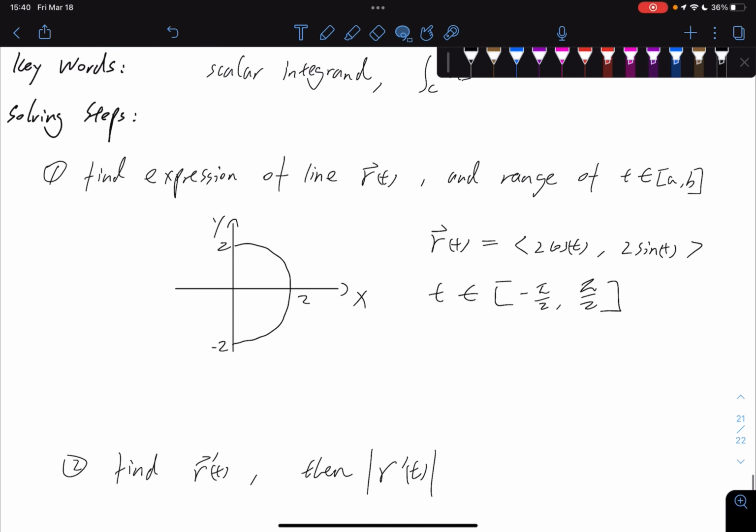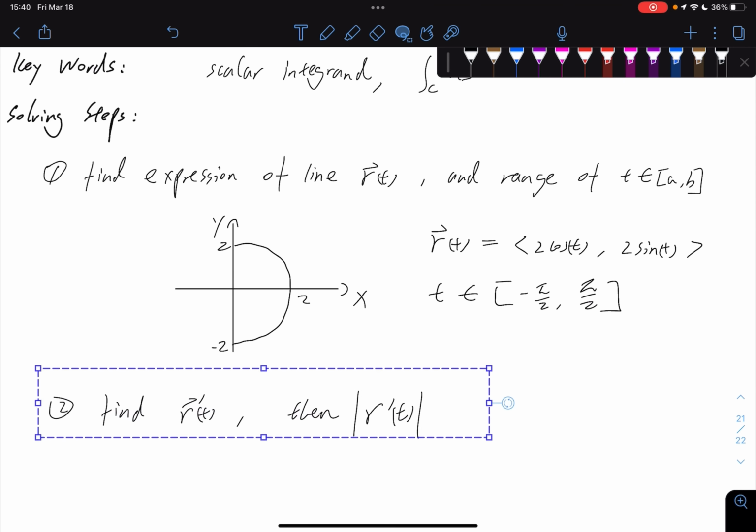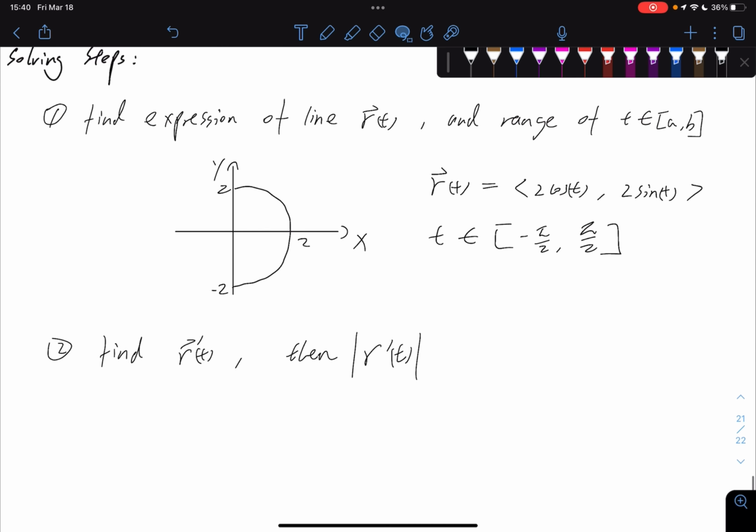Now we can go to the second step, which is finding r of t and r prime of t. So r prime of t equals negative 2 sine t, 2 cosine t.